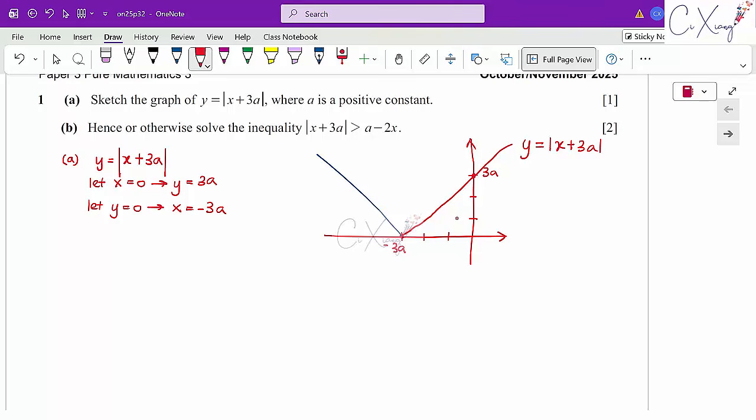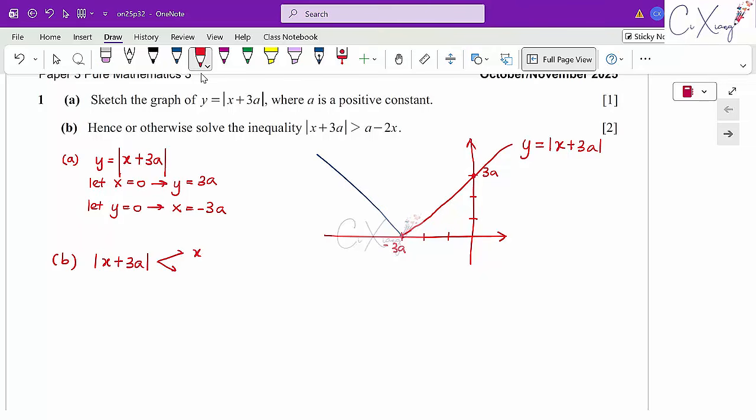So I personally prefer to solve the equation first, where I assume the inequality becomes an equal sign, because I want to get the intersection point or the critical value first. To find the intersection point or critical value, you need to know that any modulus function can be written as 2 pieces of non-modulus form.